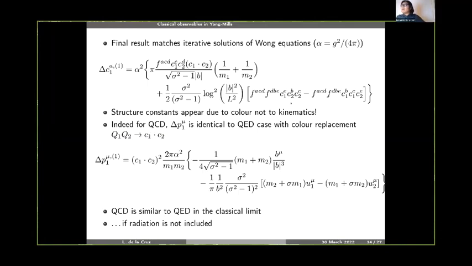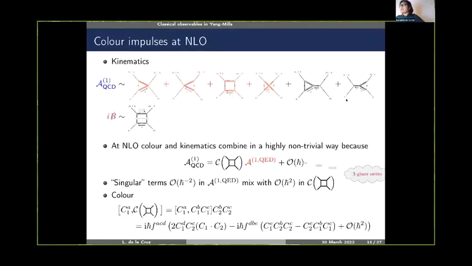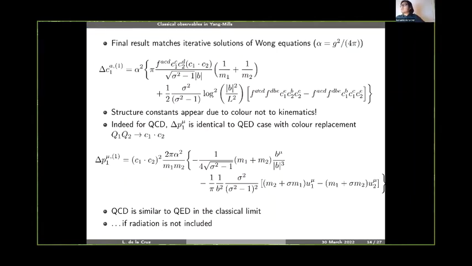From this formula, one thing that is interesting is that the factors of structure constants appear due to color and not kinematics, meaning that the diagrams that contain a three-gluon vertex are not the ones that produce these terms that contain the product of two structure constants.